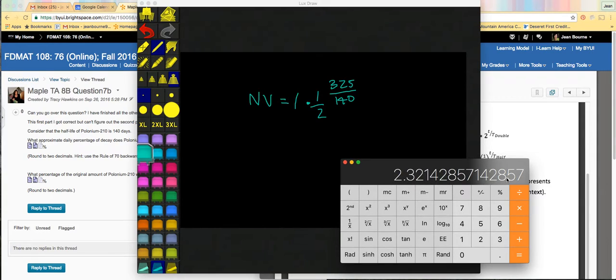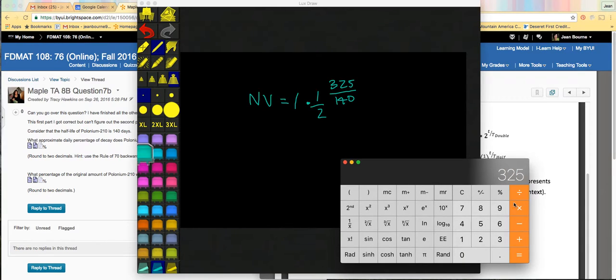I'll show you a secret your calculator should do. If you don't want to write this out or remember it, you can push M plus and it will store it. It stores one number at a time in the memory on your calculator. So now I can go to this part of the problem and say 0.5, and then push MR, which is memory recall. Oh, that did not work. Let me try that again.